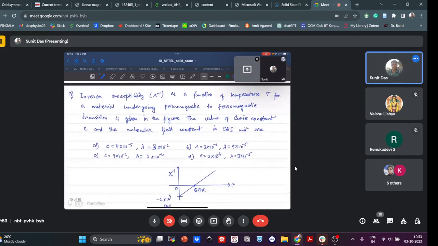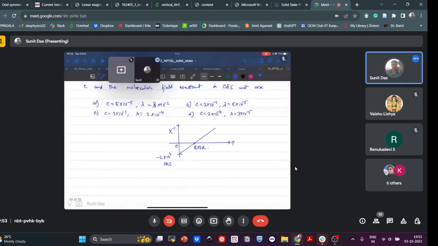The question is: inverse susceptibility as a function of temperature for a material undergoing paramagnetic to ferromagnetic transition is given in the figure. The values of the Curie constant and the molecular field constant need to be found from the data in the figure.